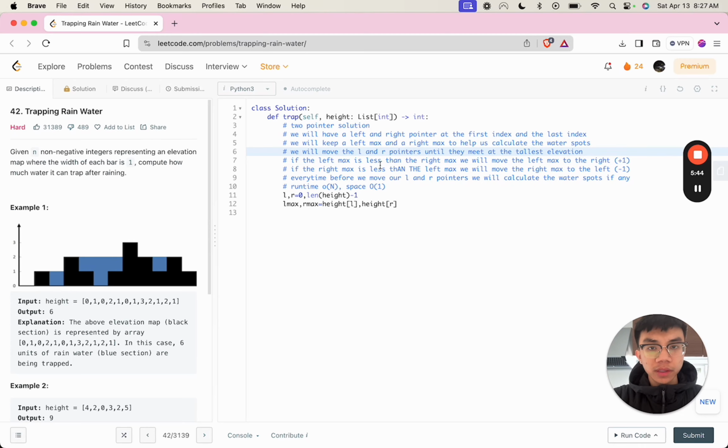Now we need to move the left and right pointers until they meet at the tallest elevation. So while left is less than right, we will keep iterating. So if left max is less than right max, left plus equal 1, else right minus equal 1.